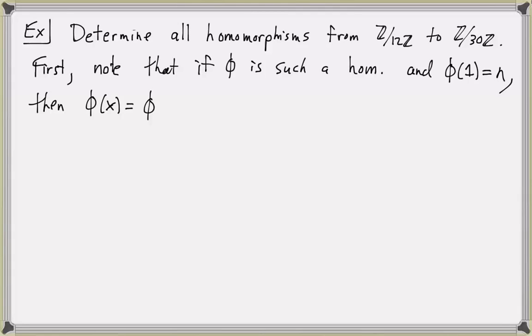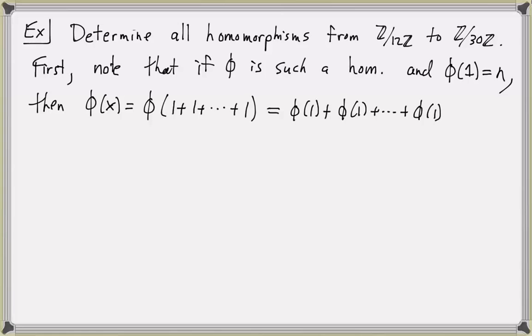Well, I can rewrite phi of x as phi of 1 plus 1 plus 1, a total of x times. And this equals phi of 1 plus phi of 1 all the way to plus phi of 1.